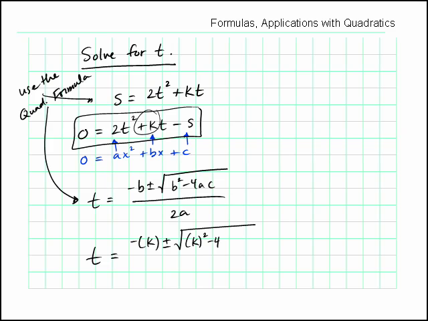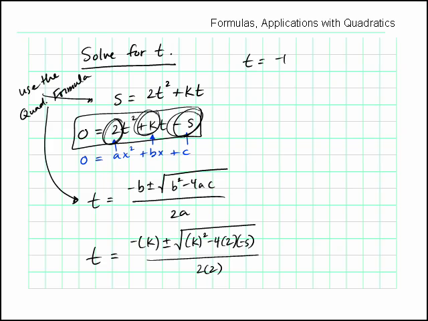Our a is equal to 2, and our c here is negative s. And all of that is divided by 2a, which is 2 times 2. Okay, so I plugged in all of my numbers here, the 2, the k, and the negative s for a, b, and c.